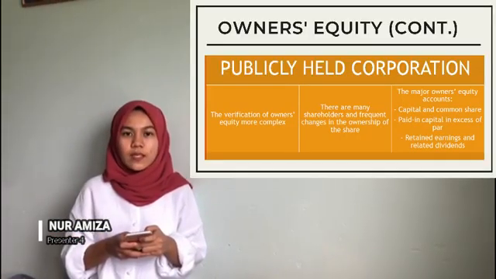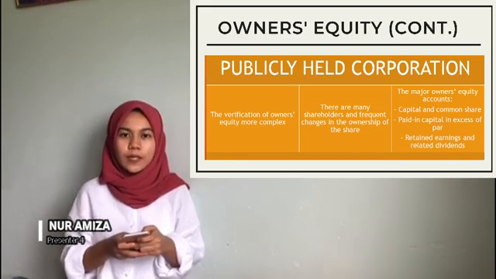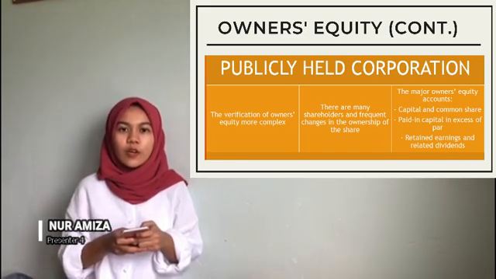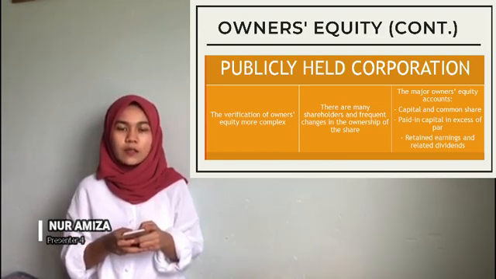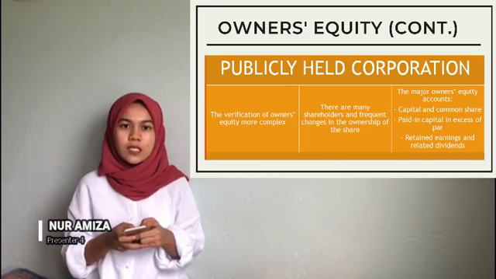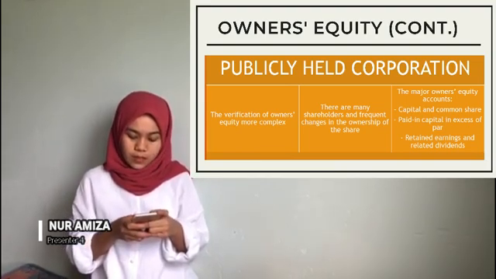The next one is the publicly held corporation. For publicly held corporations, the verification of owners' equity is more complex because they have more shareholders and frequent changes in ownership of the shares.